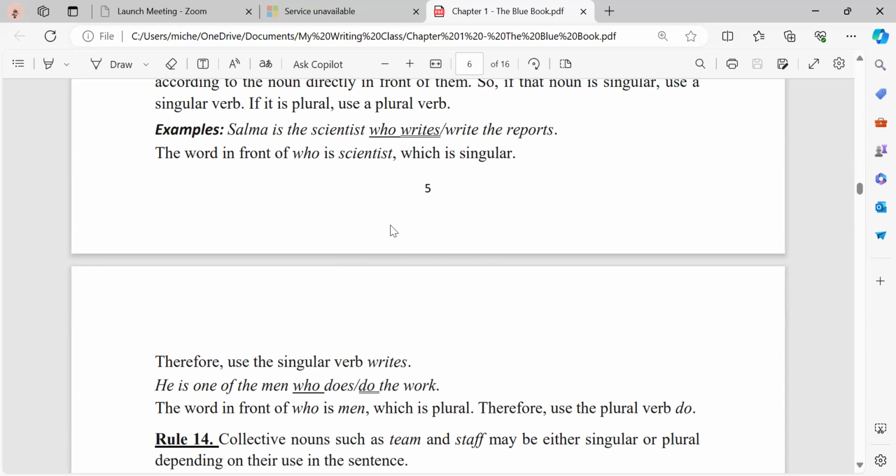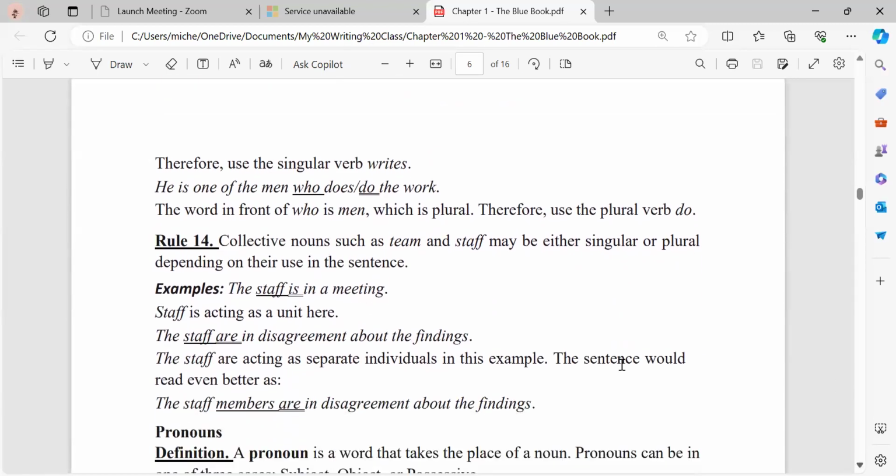We need to identify the subject before the word who when we're trying to identify whether to use a singular or plural verb. So Salma is the scientist. The subject here would be scientist, and scientist is singular, and that is why we use "who writes," which is singular. Therefore we use the singular verb writes.